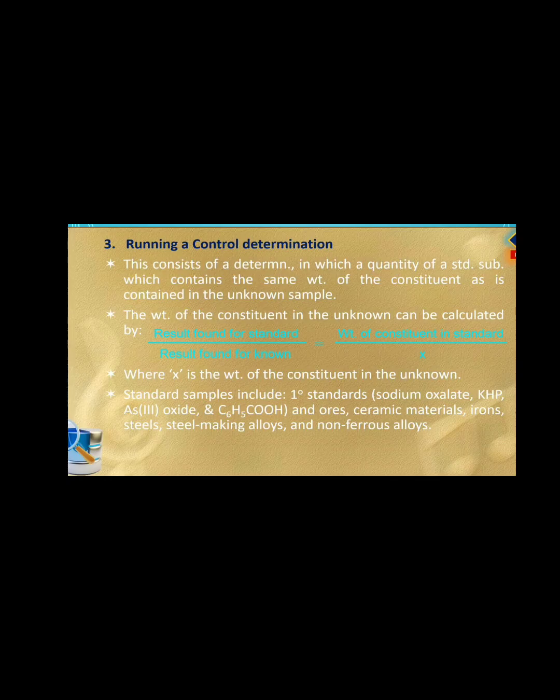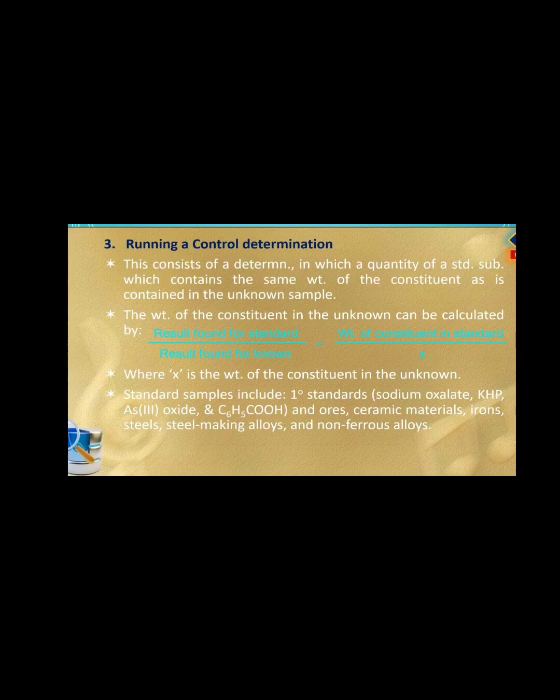The third one, running a control determination. This consists of a determination in which a quantity of standard substance which contains the same weight of the constituent as is contained in the unknown sample is used. The weight of the constituent in the unknown can be calculated: result found for standard divided by result found for unknown is equal to weight of constituent in standard divided by x, where x is the weight of the constituent in the unknown.